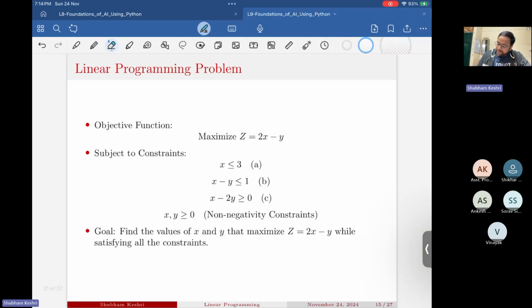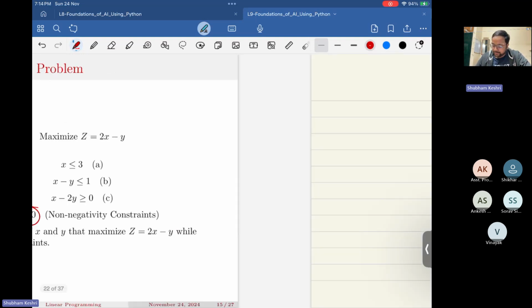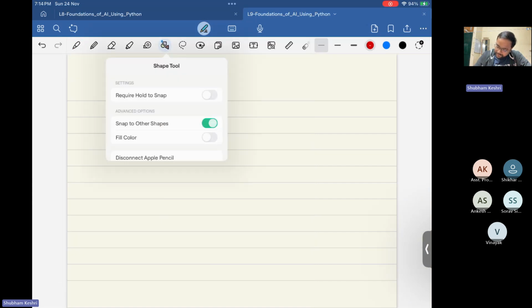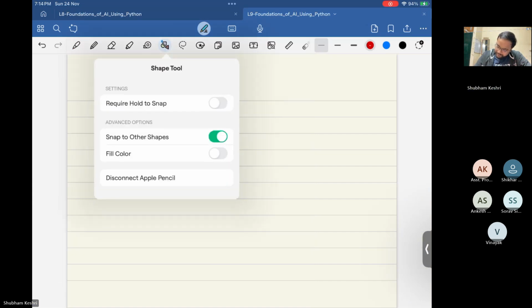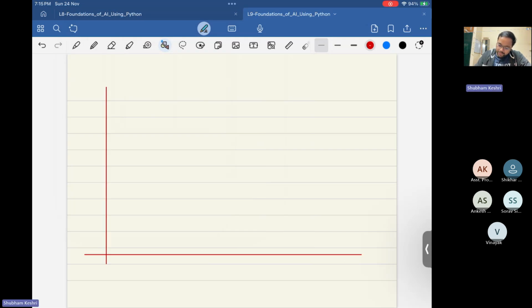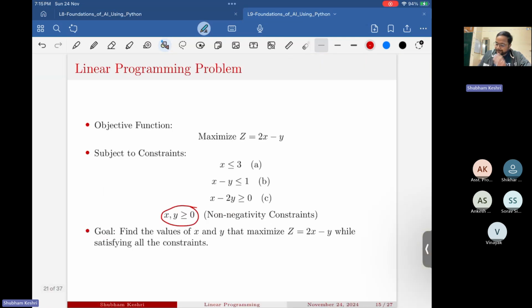First I'll draw the first quadrant. Both x and y are greater than equals to 0, so we will always be in the first quadrant.